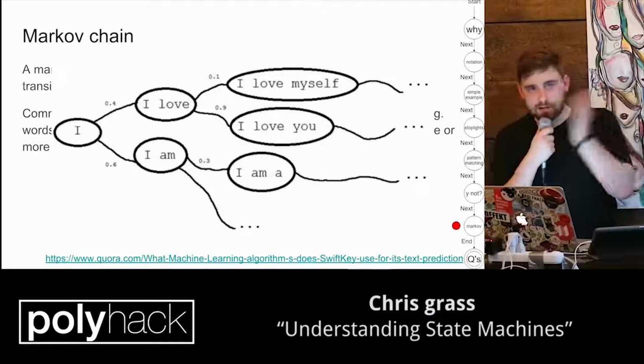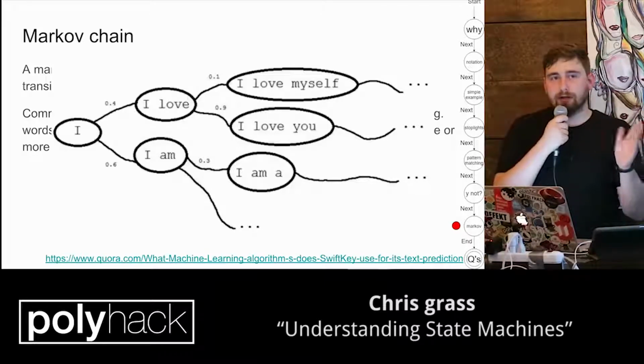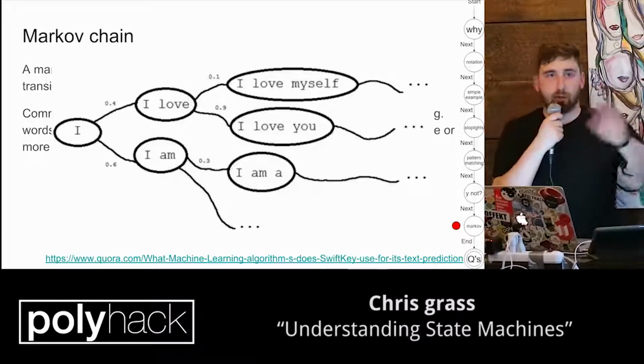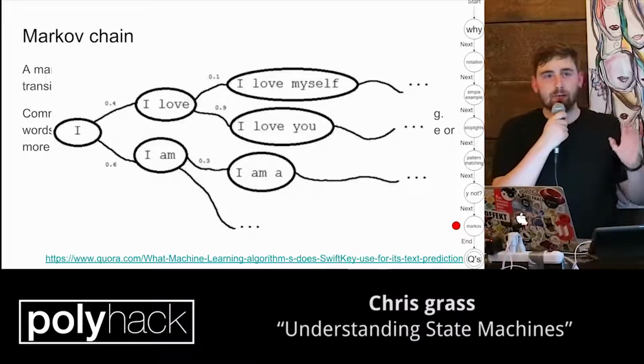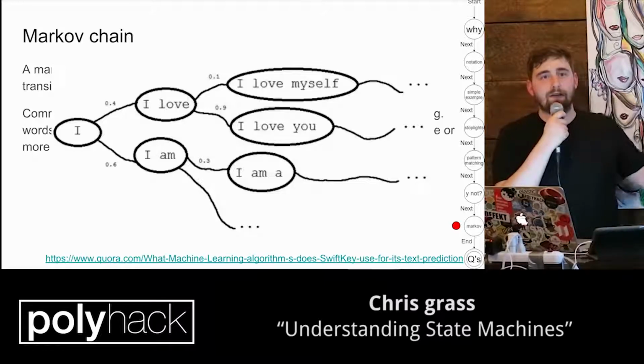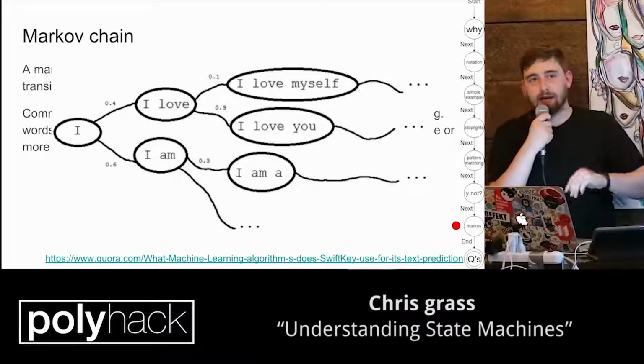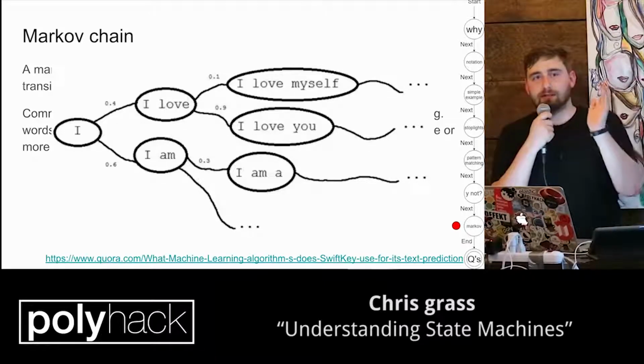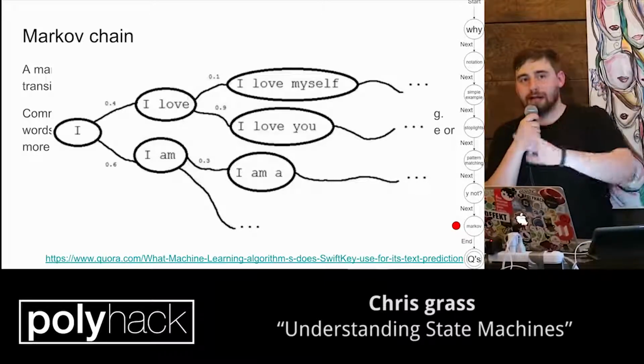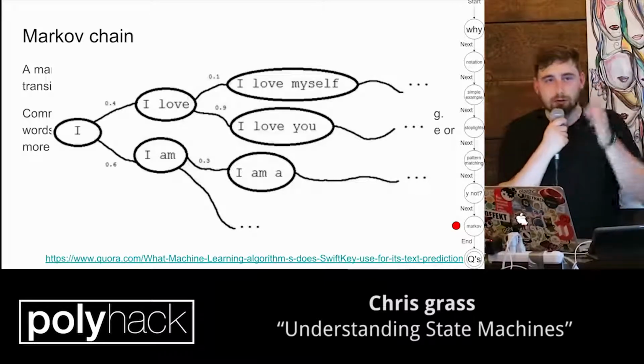We could parse the text, determine the probability of each word coming after the word before it, and then we could take that graph and generate text, saying, okay, we're at this word, we generated this number, based on the probability, what's the next word?